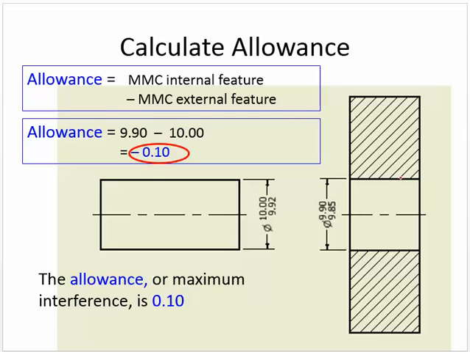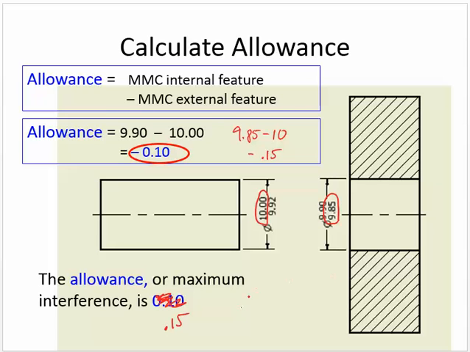Well, when's the hole the smallest? 9.85. So instead of using 9.9, it should be 9.85 minus, well, when's this going to have the most material? When it's 10. So what we should be getting then is a negative 0.15. So the allowance or maximum interference here is 0.15.